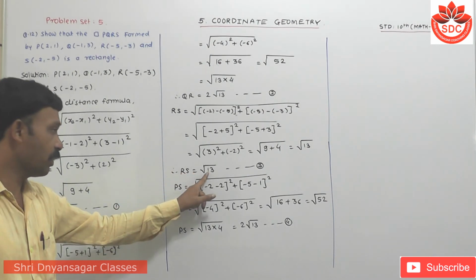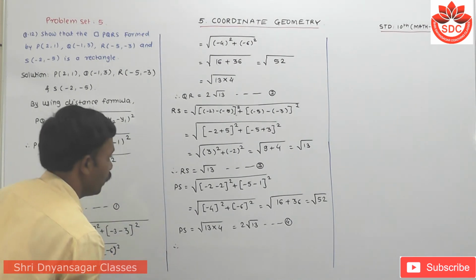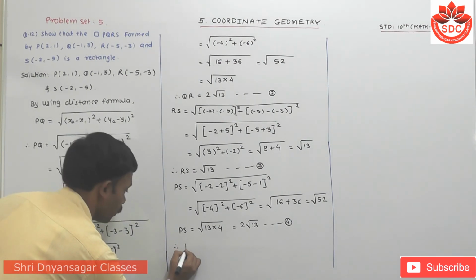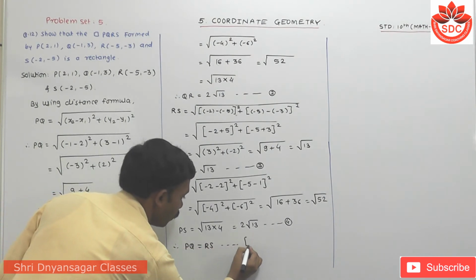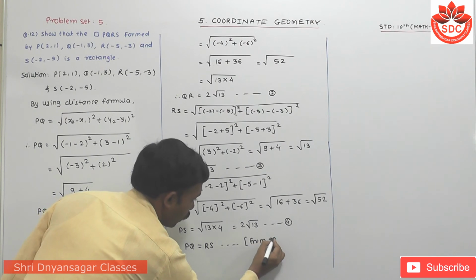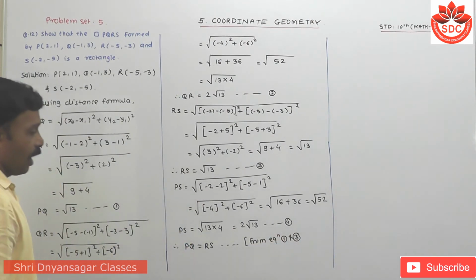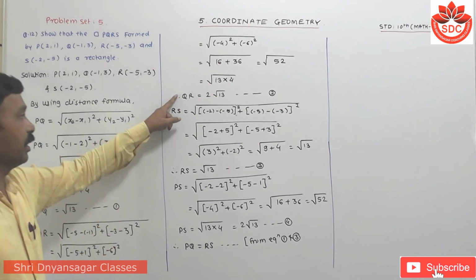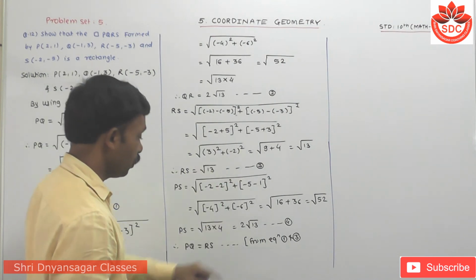Student, observe carefully equation first and third. These two are equal, root of 13. Therefore from first and third, PQ is equal to RS. And also when we look here, second 2 root 13 and fourth 2 root 13.